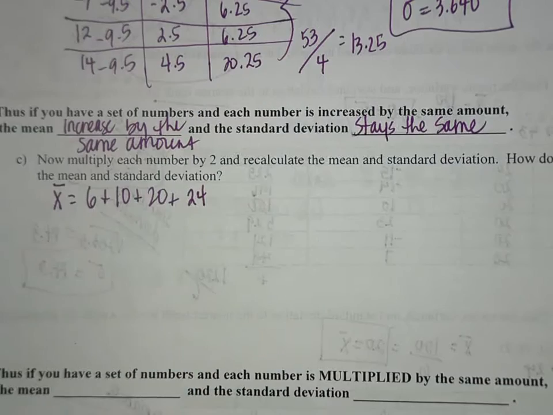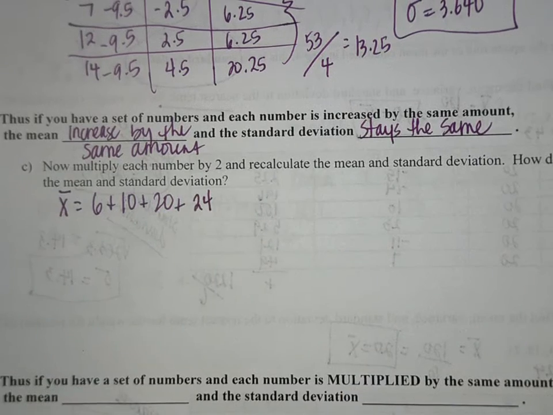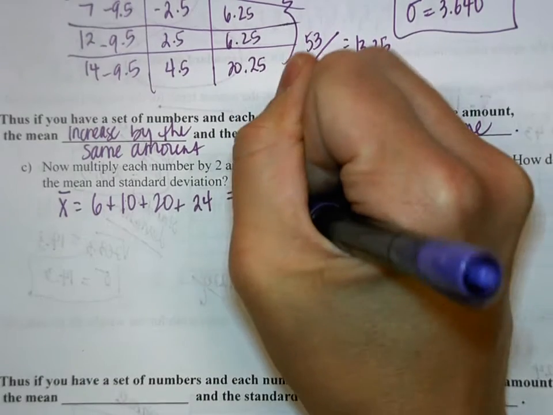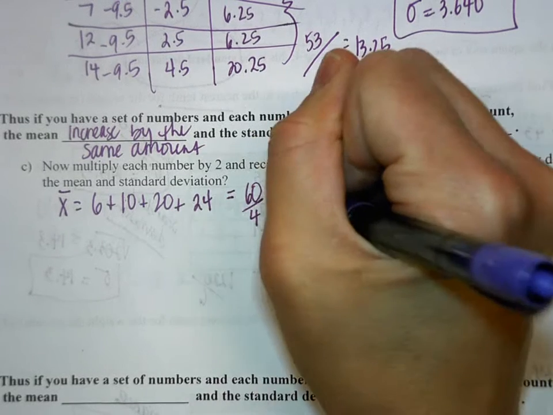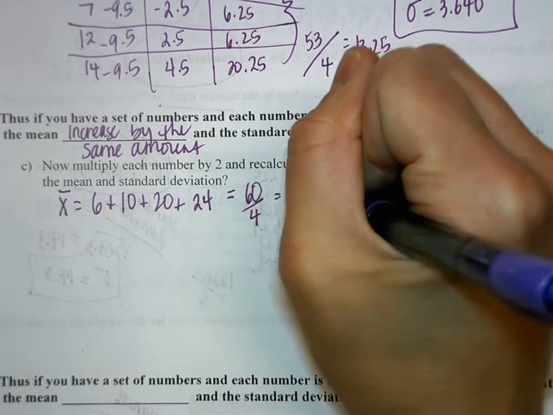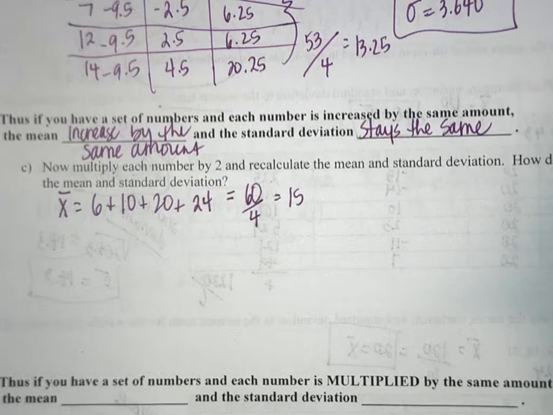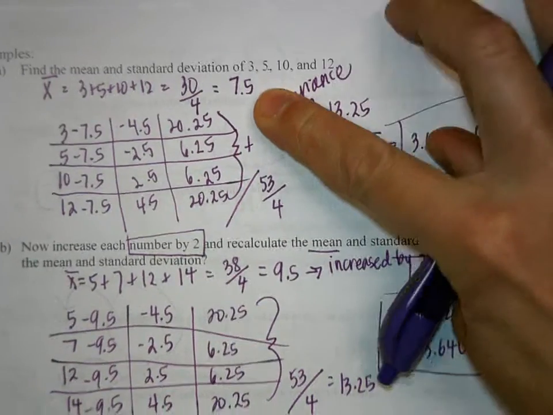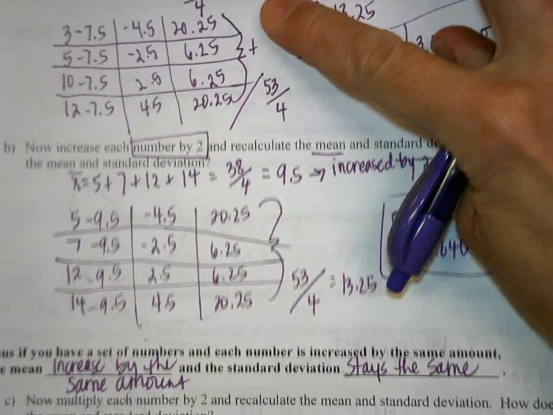Okay, so we're going to get our mean here. We add all those up together, and what does that equal? 60. We divide that by 4, and we get 15. Now, looking at 15 and going back to our mean of 7.5, how are they similar?